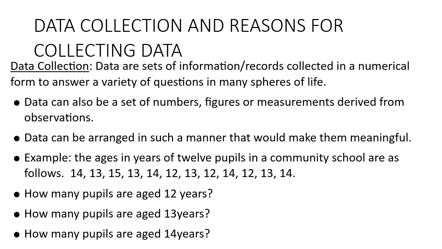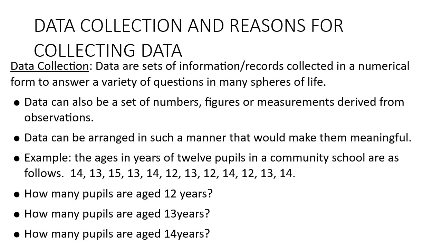Number B question goes this way: 13 years. You go back to the sample and count how many 13s we have there. The numbers are 1, 2, 3, 4. So we have 4. So the answer to the question is 4.